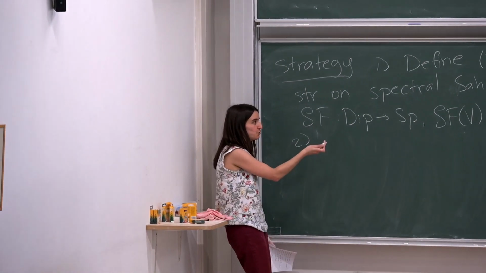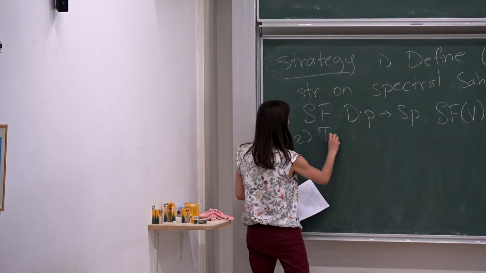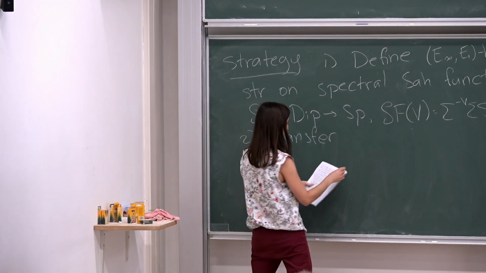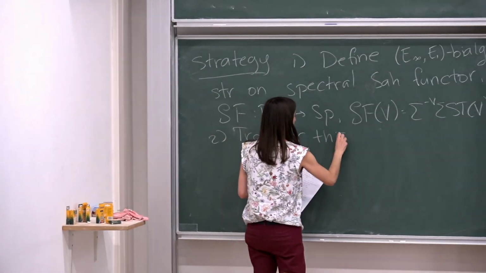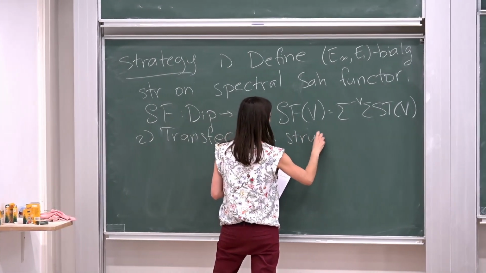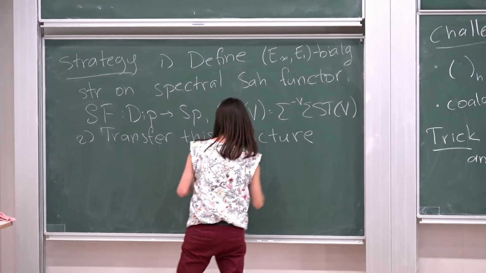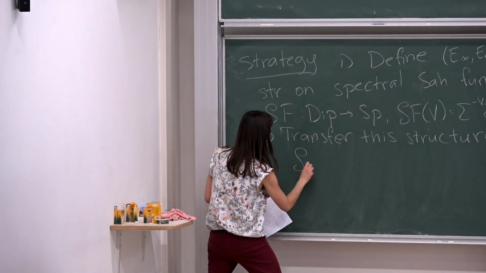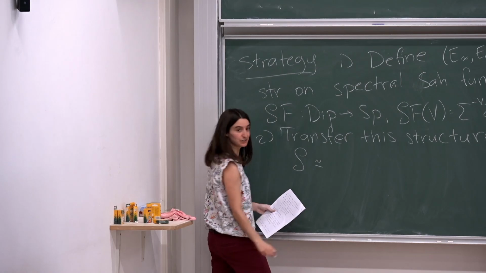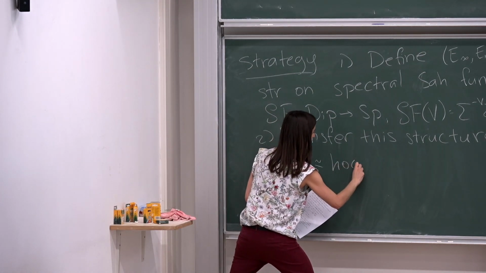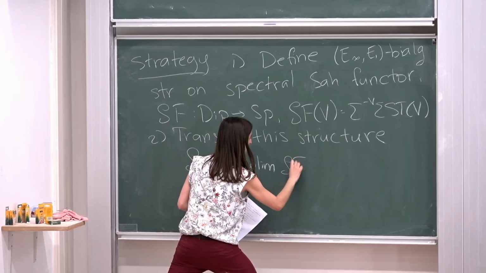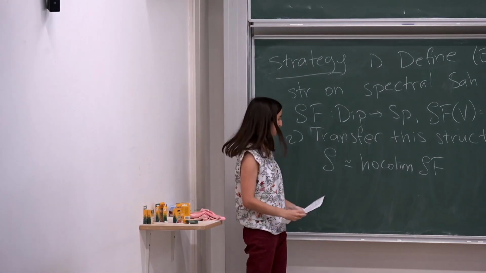Okay, this is not quite what we want, so then we transfer this structure to our actual spectral SAW algebra, S, which fortunately is equivalent to the homotopy colimit of this spectral SAW functor.